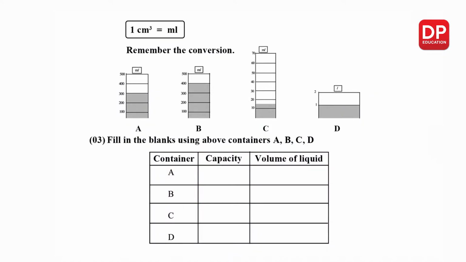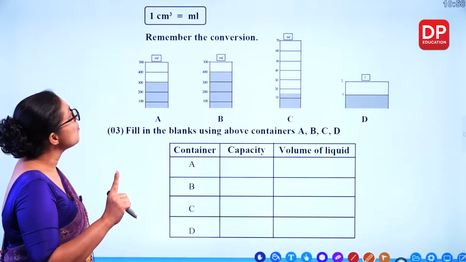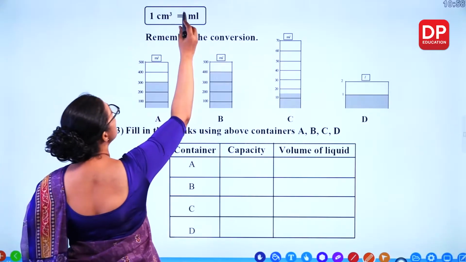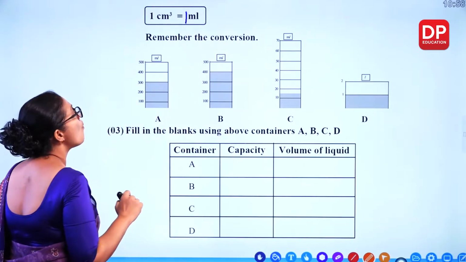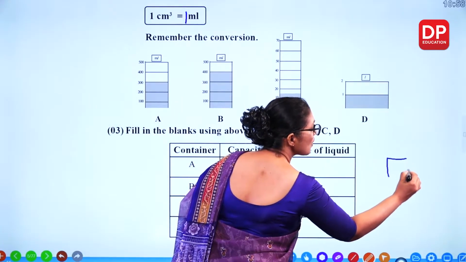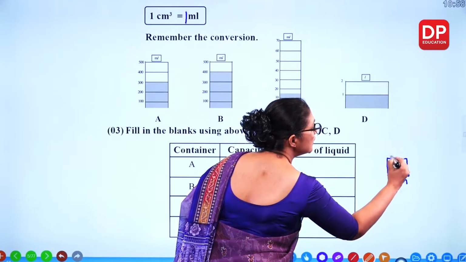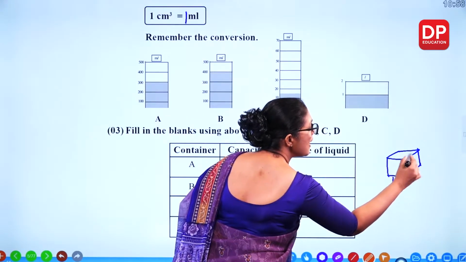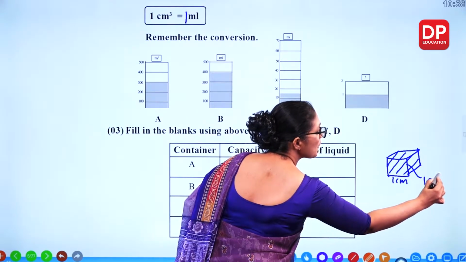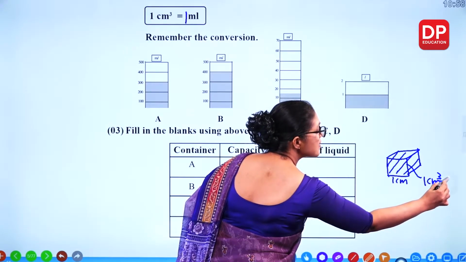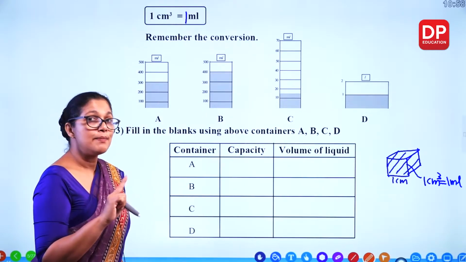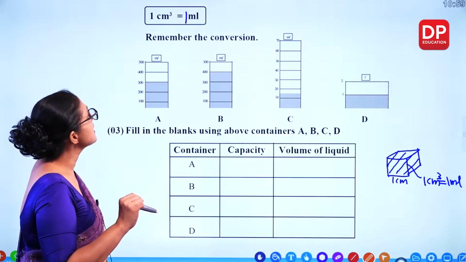What's the relationship between cubic centimeter and milliliter? 1 cubic centimeter is equal to 1 milliliter. When you take a cube with length 1 centimeter, the space inside we call 1 cubic centimeter, and that's the same as 1 milliliter. So remember that conversion.